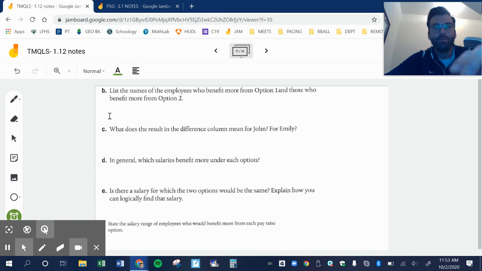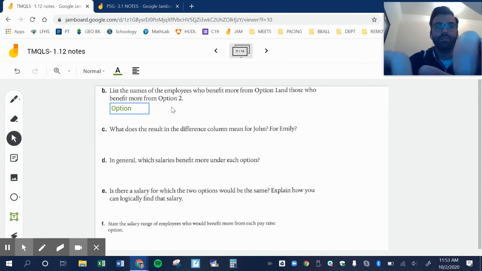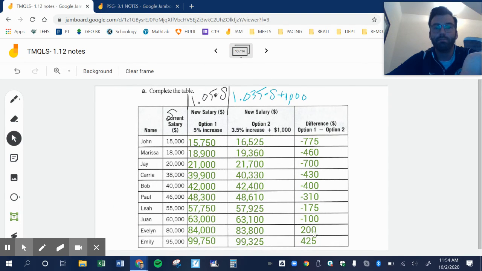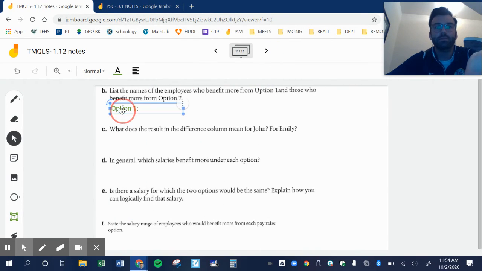Who benefited from option 1 as opposed to option 2? There were 2 people. How do I tell? Well, there were pluses. So Evelyn and Emily were the only 2 that benefited from option 1. Evelyn, and then Emily.